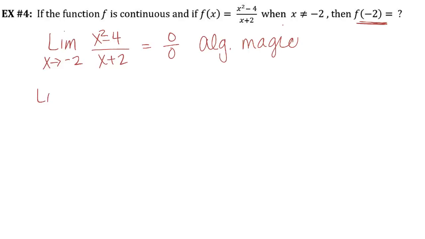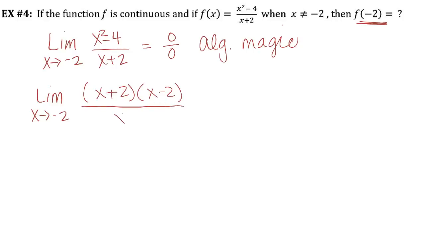So we can reevaluate our limit as x approaches -2. That's going to give me x plus 2 times x minus 2 all over x plus 2. Well, those x plus 2's will cancel, and so now I can reevaluate my limit as x approaches -2 of x minus 2, and that's going to give me -4.